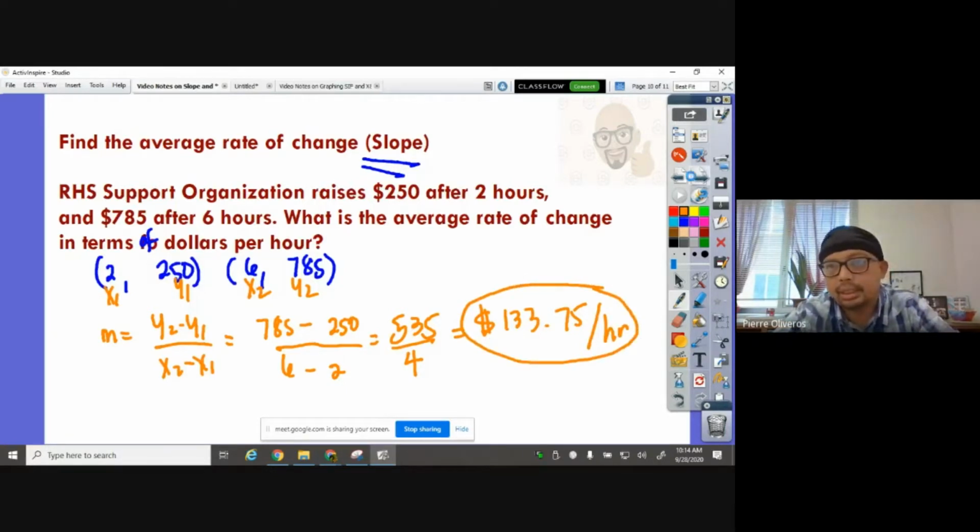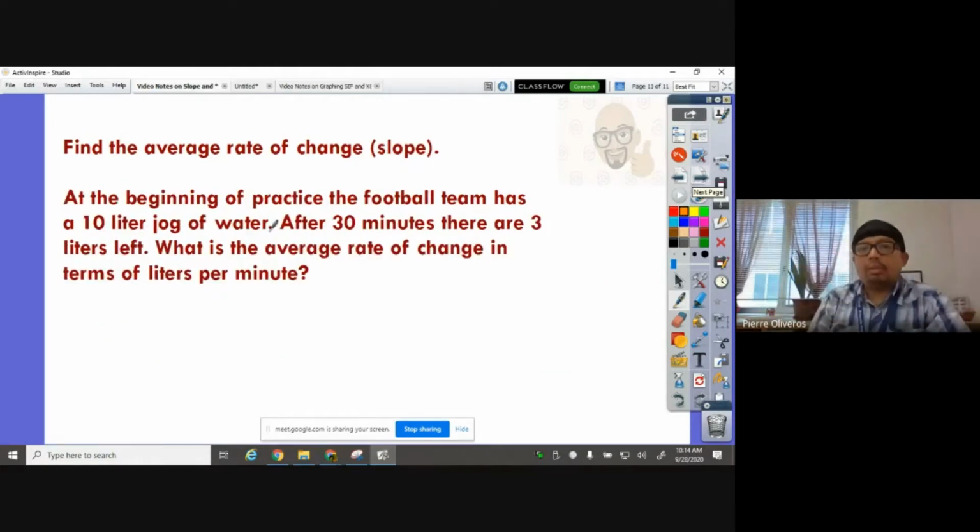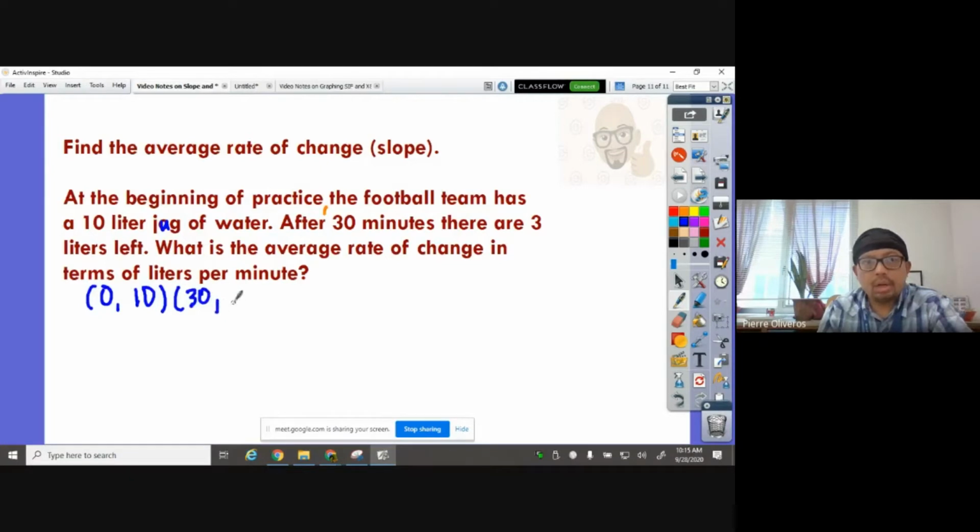Okay, next. At the beginning of our practice, the football team has 10 liters of jug water. In the beginning, that means they haven't started anything. That's 0 minutes, and they have 10 liters of jug water. After 30 minutes, they only have 3 liters. That will be my x sub 1, y sub 1, x sub 2, y sub 2.